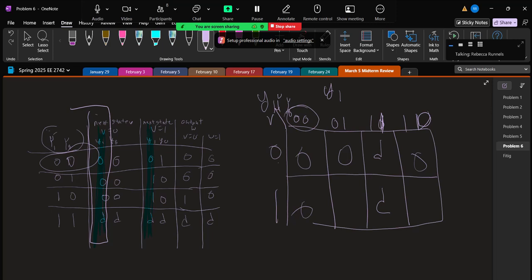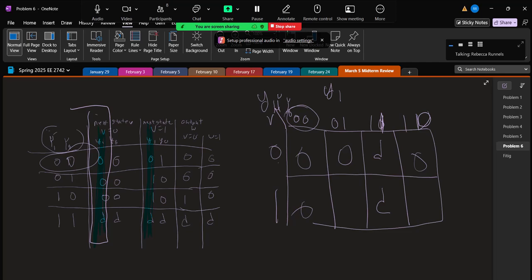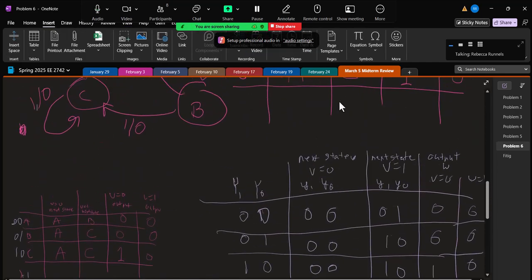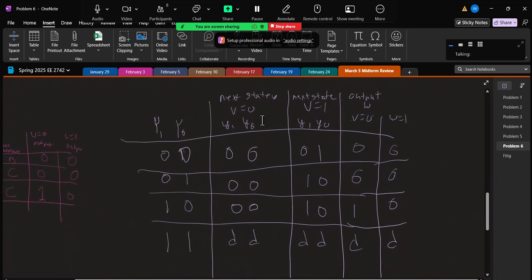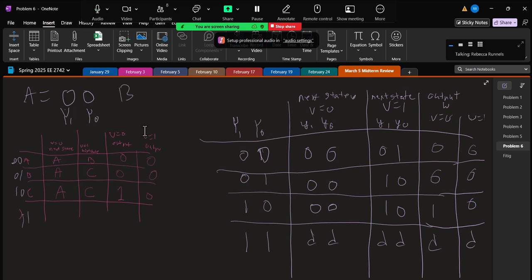Can you go over that one more time? I can. So the way I set up my chart was with the binary numbers. If you look at the chart, I have them labeled Y1, Y0, Y1, Y0. That's because we defined A as equaling 0, 0. That means we're saying Y1 is 0, Y0 is 0. And that's how we defined them.